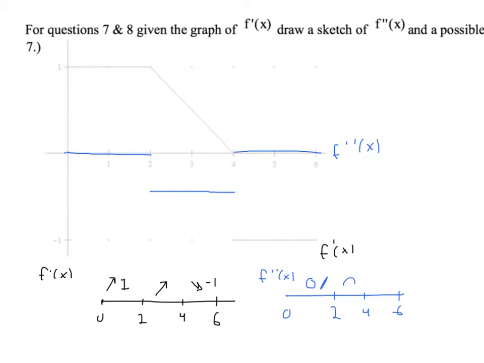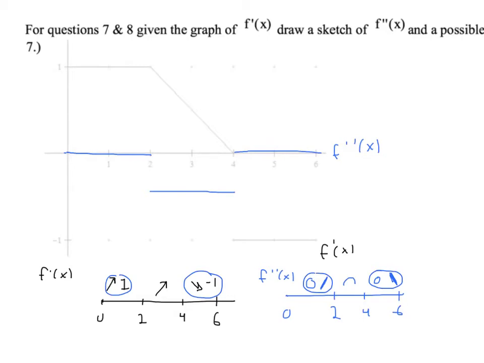And from 4 to 6, no concavity again, so a straight line, but now it's going to be pointed this way, a straight line with a slope of negative 1, then a straight line with a slope of positive 1. So no concavity, straight line, no concavity, straight line. In the middle, I'm concave down.